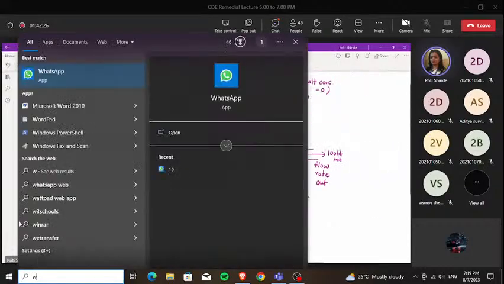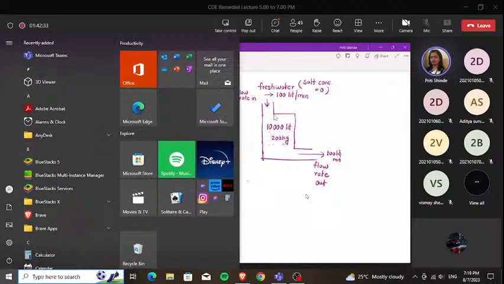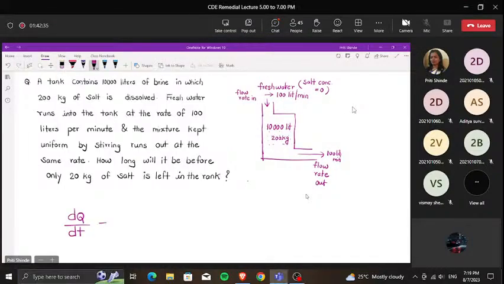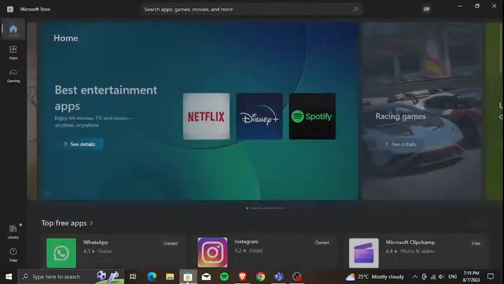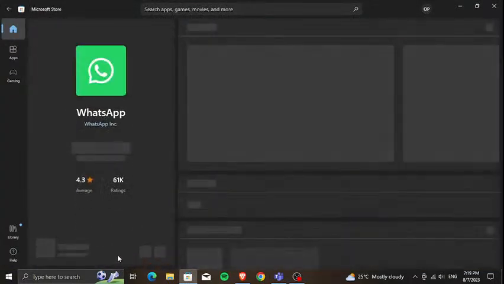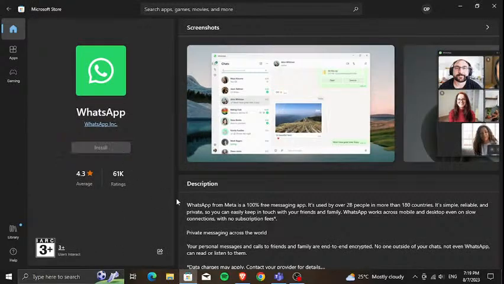So how do we write down the differential equation? It is dQ by dt. The flow rate in is 100 liters per minute. The salt concentration in is 0, since it is fresh water.